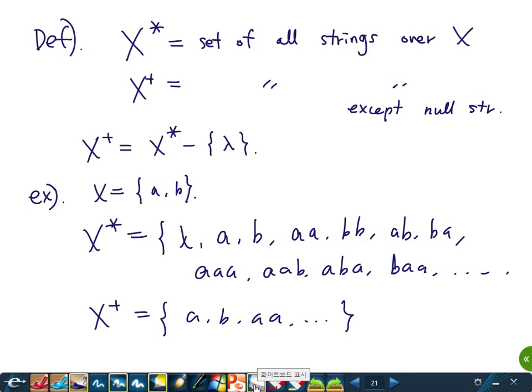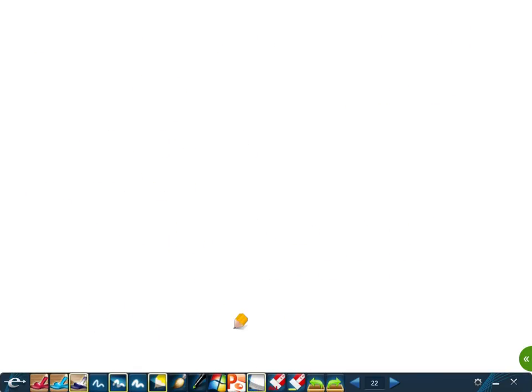Okay, and we have some natural terminologies like length. The length of a string, say, let's denote the string by alpha. What is the length of this string?